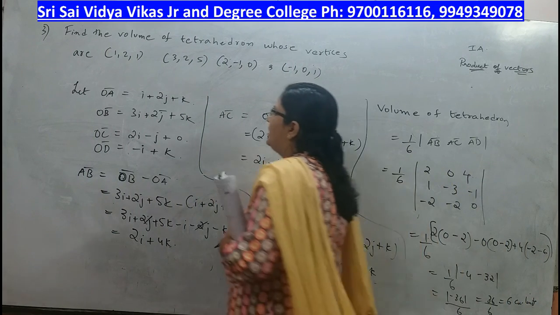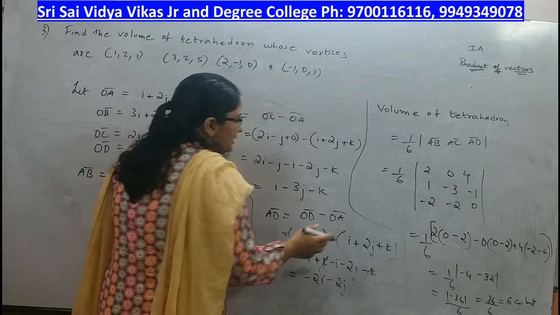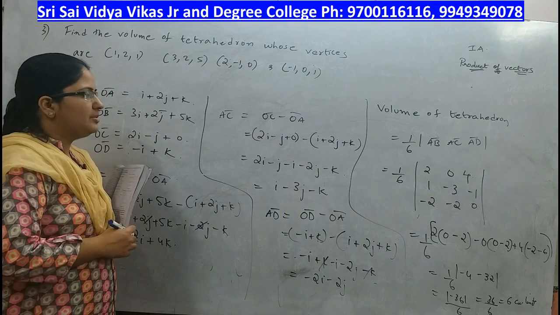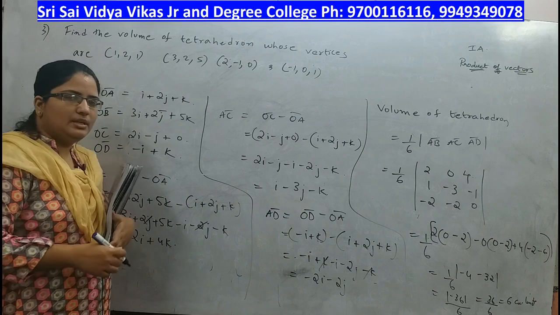So the volume of the tetrahedron is 6 cubic units. So that's about this problem. We shall continue with the next problem.